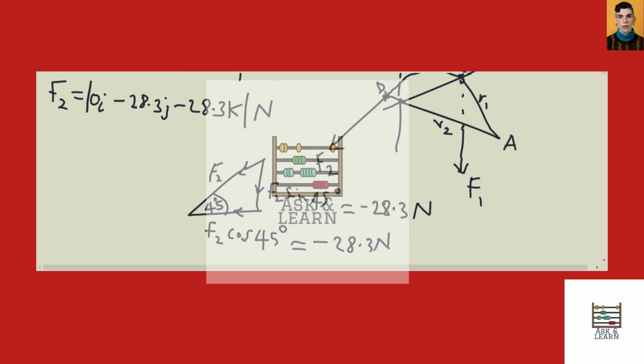You can sum them now to get the resultant force that we are talking about, the couple moment rather. So when you sum them together, you're going to have minus 28.3 J. Since there's no I direction, we just leave that out, minus 68.3 K. When you sum 28.3 and 40, you're going to have this K direction.